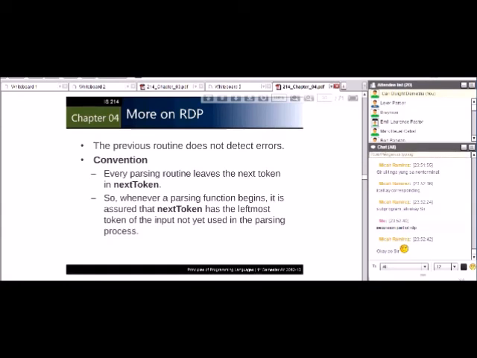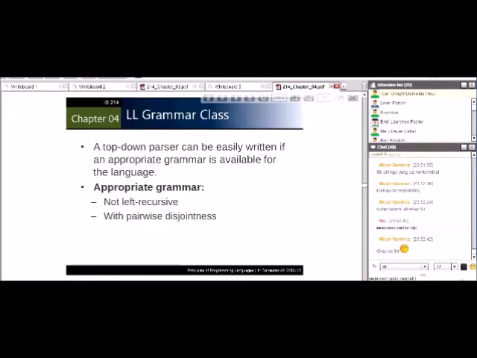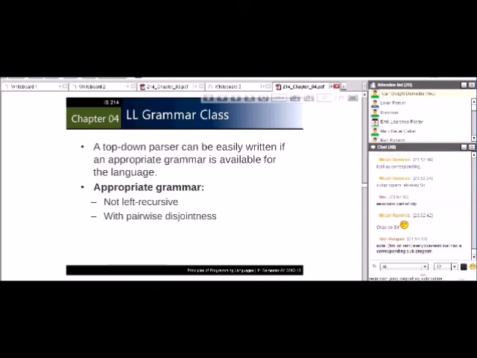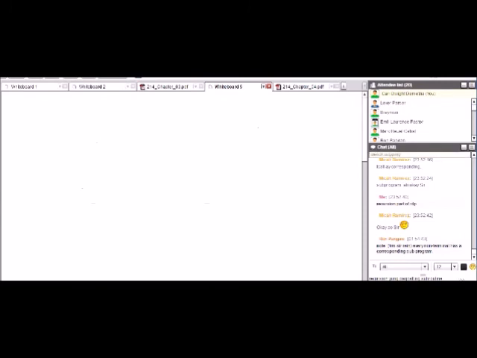Okay, then let's go straight to the pairwise disjointness test, and then let's try to make an RDP subprogram for that. So let's go to our example here.